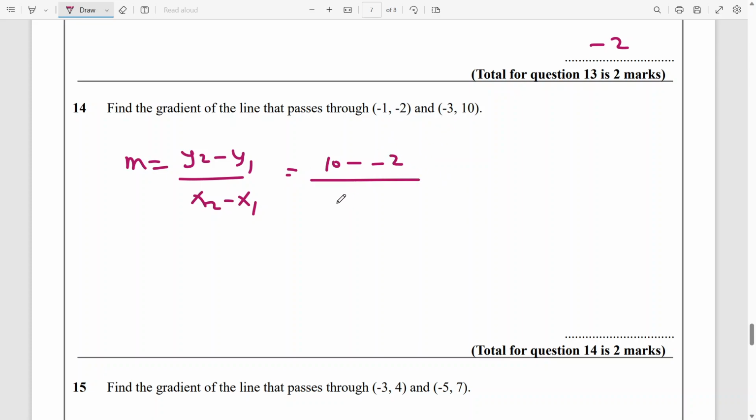And x2 is minus 3, minus x1, which is going to be minus 1. So minus minus changes to plus. So 10 plus 2 is 12. And here, minus minus is plus 1. So you're going to have minus 3 plus 1, which is definitely going to be minus 2. So 12 divided by minus 2 is definitely going to be minus 6.